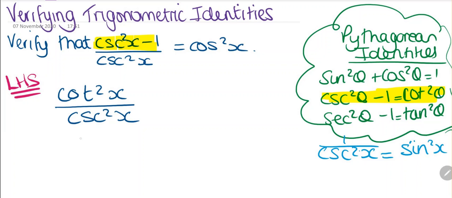So I'm going to rewrite this. So I've got cotangent over cosecant squared, which is multiplied by 1 over cosecant squared, the same as sine squared.